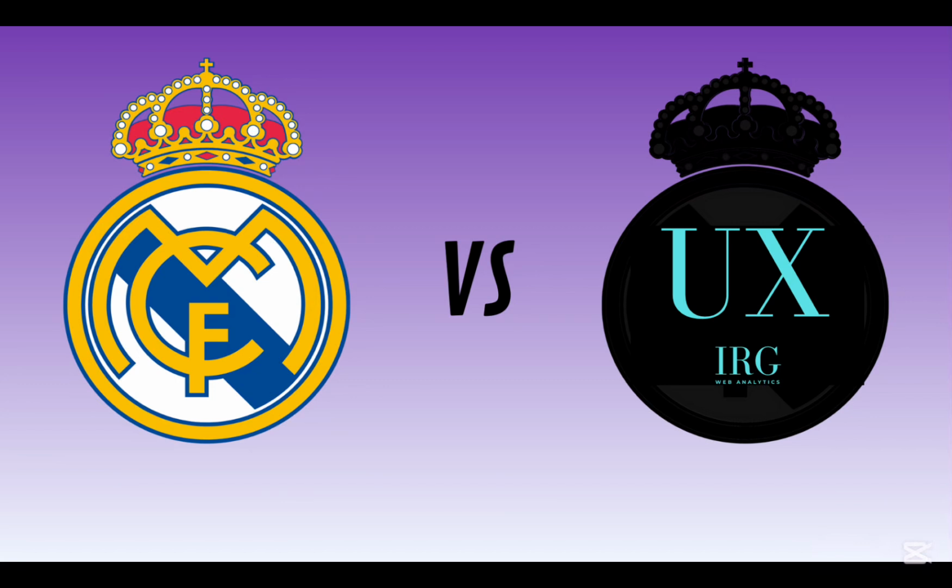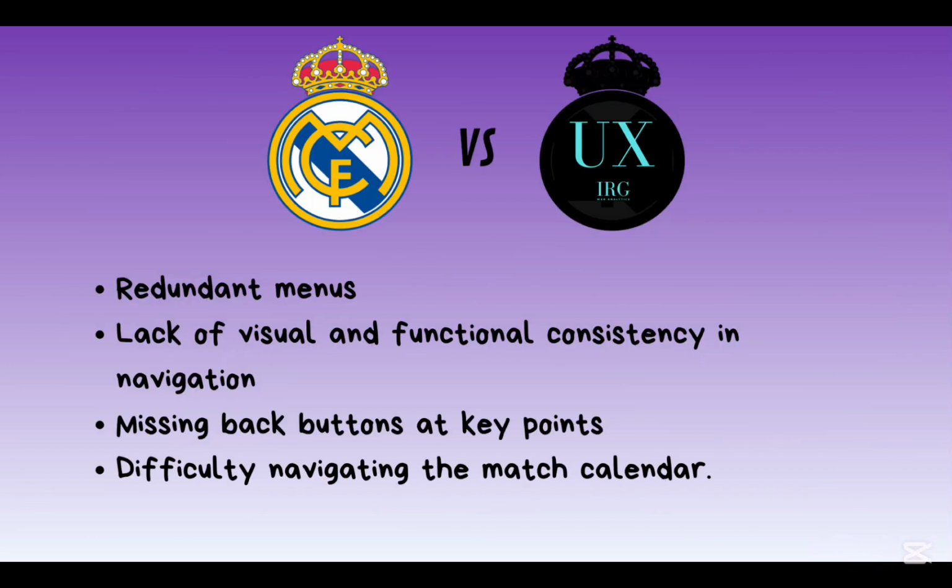To wrap up, after analyzing the user experience of the two key areas of the Real Madrid website, I would like to highlight several major issues affecting navigation and user interaction. Among the most important we have covered are redundant menus, lack of visual and functional consistency in navigation, missing back buttons at key points, and difficulty navigating the match calendar.